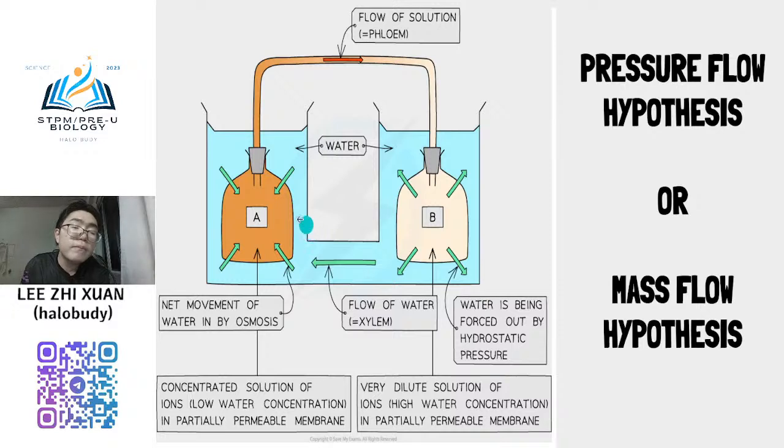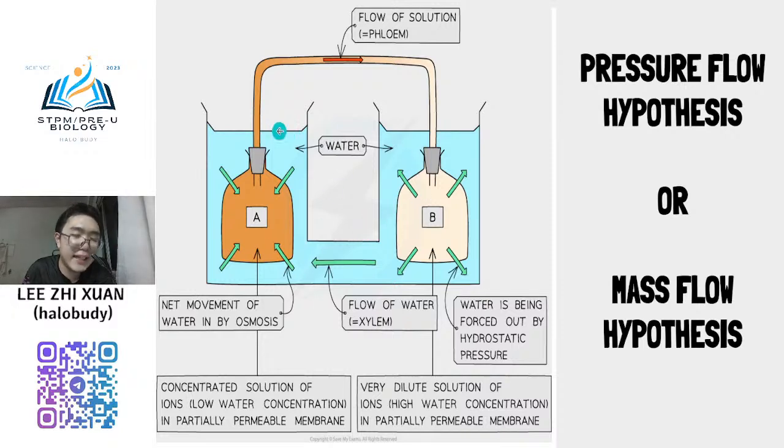So if you see this diagram, you know that the water part is confirmed to be the xylem vessel, because we already know that only the xylem vessel contains much water. The phloem tissue does not contain much water.